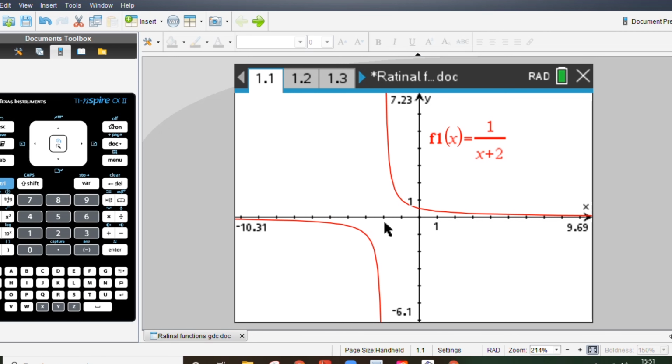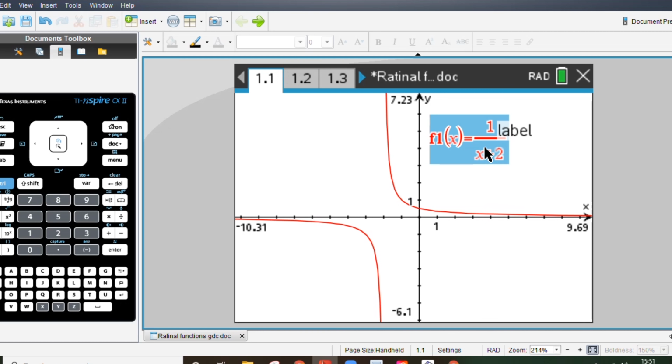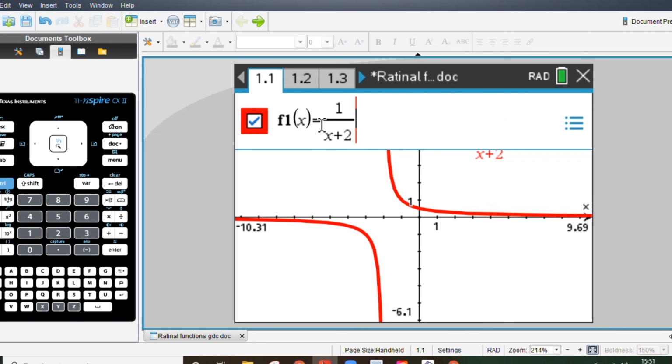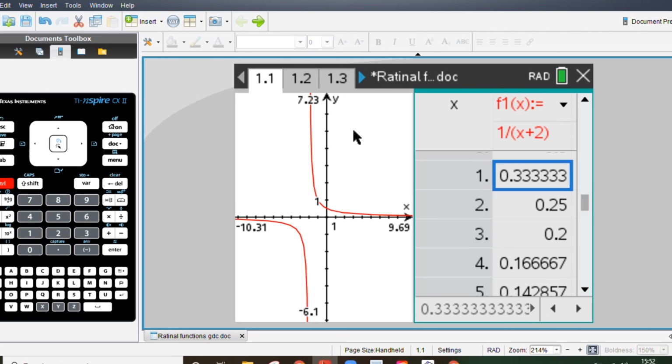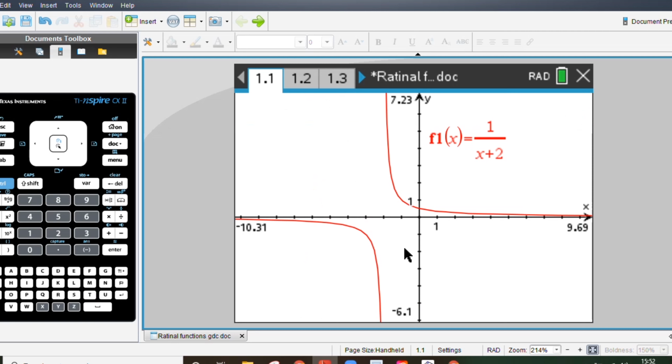Here is the graphing section of TI with the graph of a rational function plotted, and the function is f(x) equal to 1 divided by x plus 2. For now, let's learn how to find the asymptotes with the graph of this very basic rational function. It is clearly visible how this portion of the graph is approaching x equals minus 2.